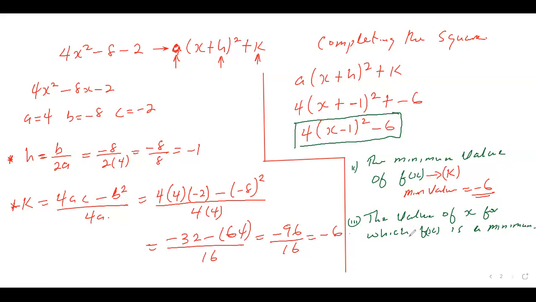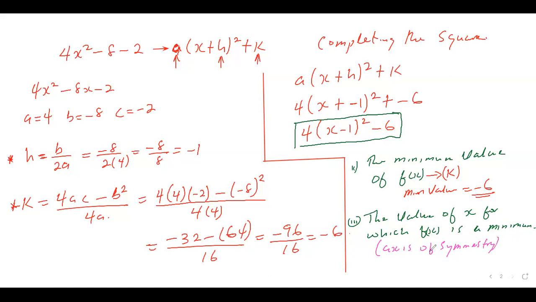When it asks you for the value of x for which fx is a minimum, this question is also called the axis of symmetry. It's the same thing. Sometimes they'll use different terms.